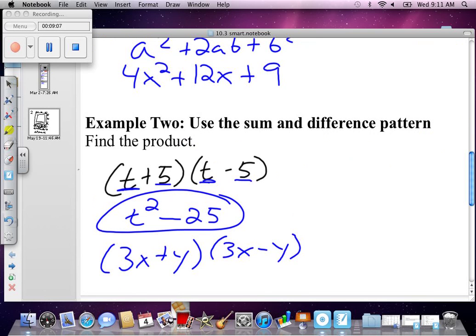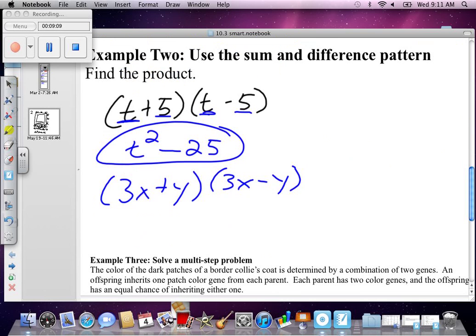All right, Jalen. We're going to try this next one. So this is obviously the third one. A plus b times a minus b. What is my first term going to be? See how this is t times t, so I get t squared? What would it be here? What do they have next to them though?